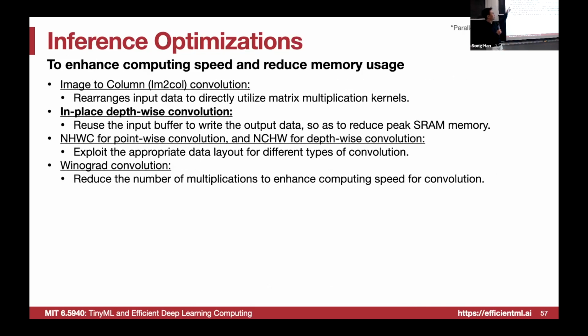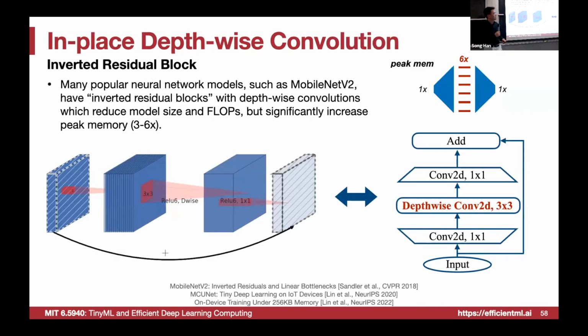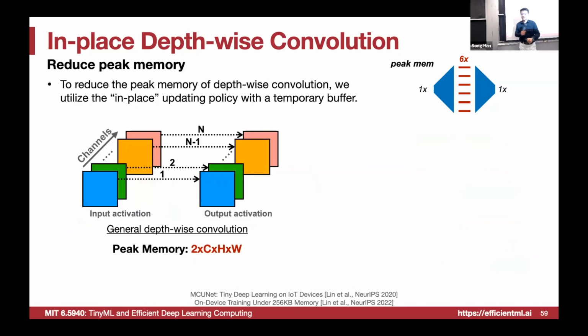The next one is in-place depth-wise convolution. So we've introduced depth-wise convolution in inverted bottleneck layers, and each channel is operating independently. Previously, the memory consumption is 2 times CHW, since we have 2 copies, input and output.